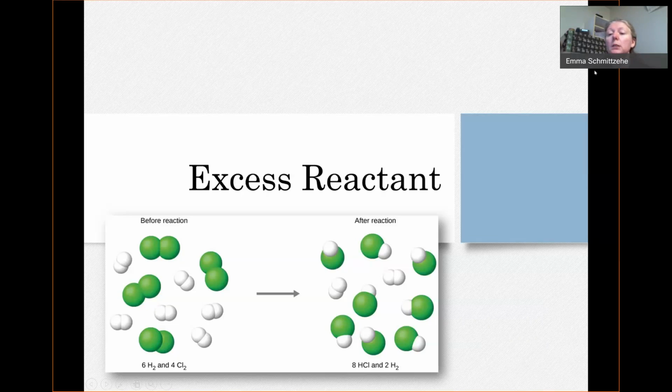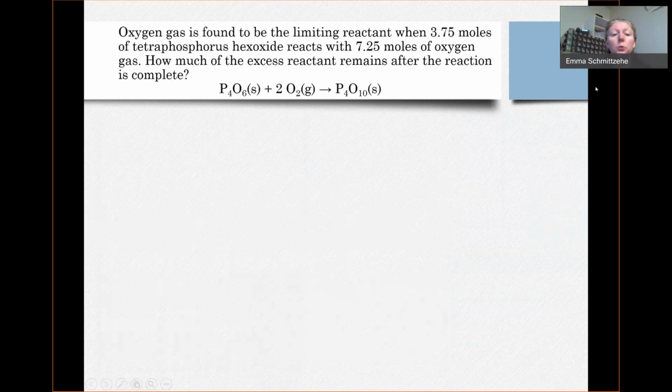So let's first do an example that tells us oxygen gas is found to be the limiting reactant when 3.75 moles of tetraphosphorus hexoxide reacts with 7.25 moles of oxygen gas.